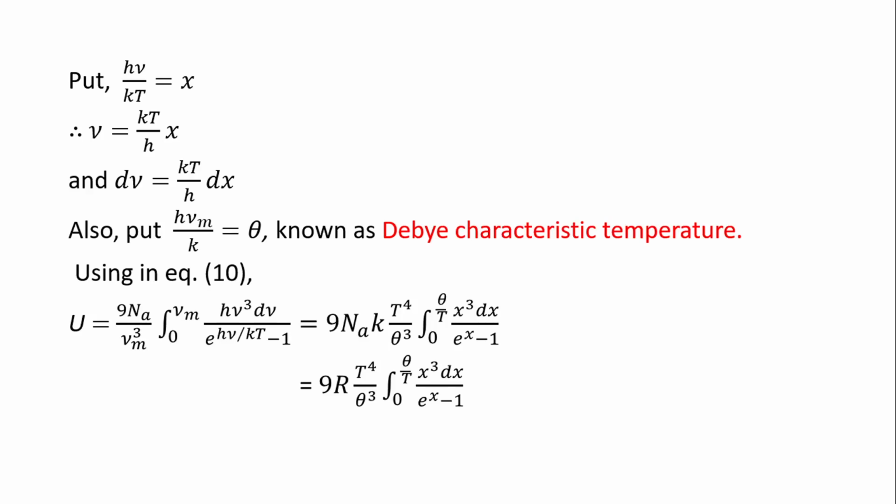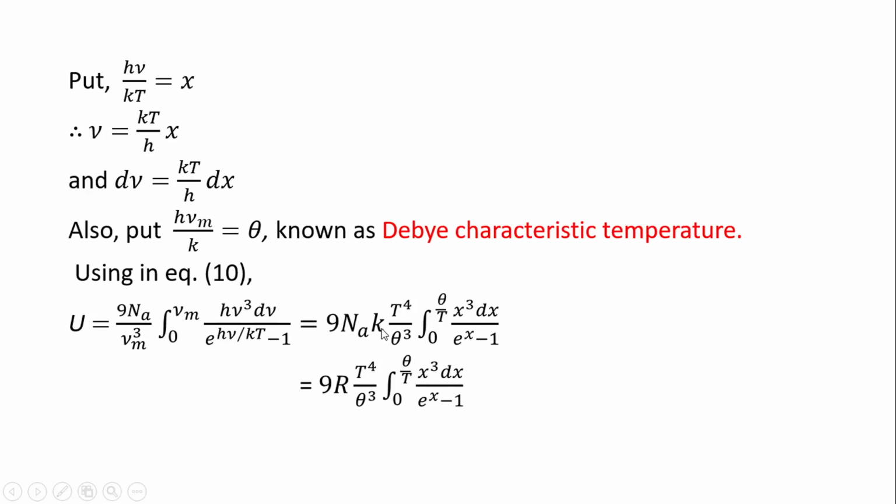Now after using the values h nu by kT equal to x, then nu, d nu and theta in the equation for internal energy, we find the reduced equation for internal energy as 9 Na k T raised to 4 upon theta cube, and here you will find that the integration term has been solved to a great extent, and it is simply x cube dx upon e raised to x minus 1.